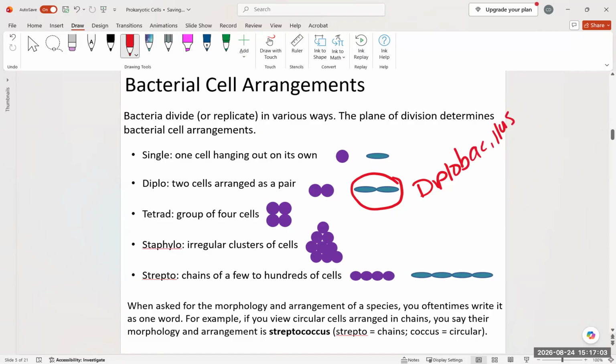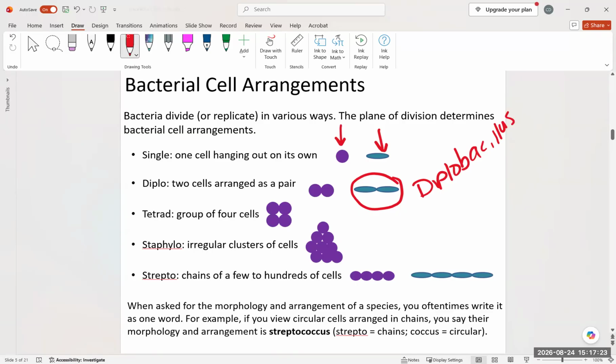Or diplobacilli. Now, the only time you do not write it as one word is when the arrangement is single. You would say that this one is single coccus and this one is single bacillus. And those are two separate words.